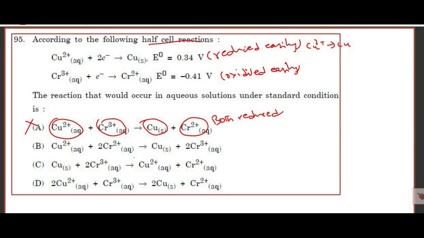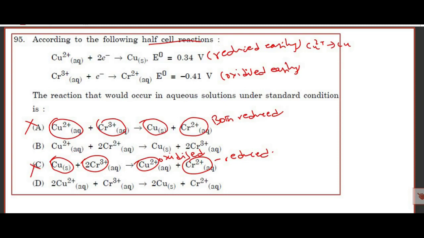In option C, copper is oxidized, whereas chromium is reduced, which is a reverse process. Hence, this is also ruled out.